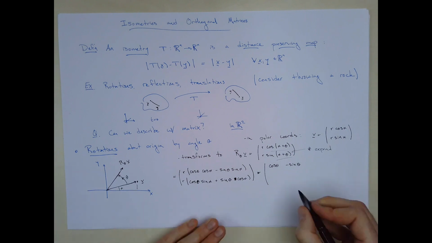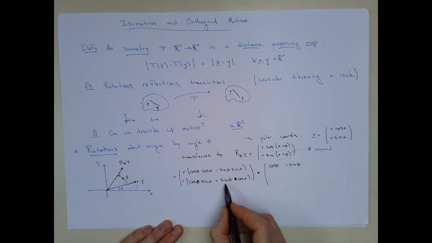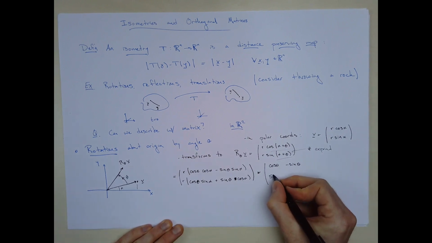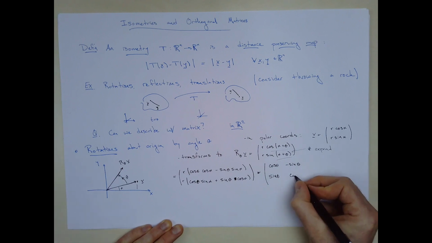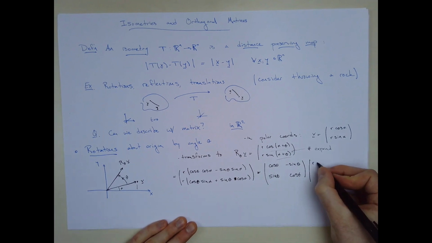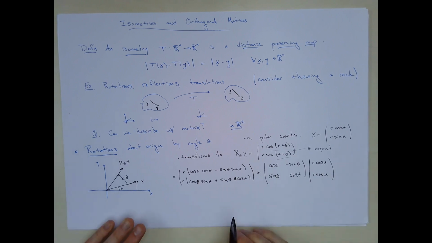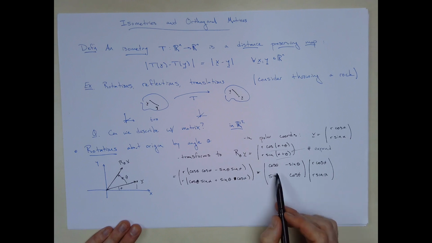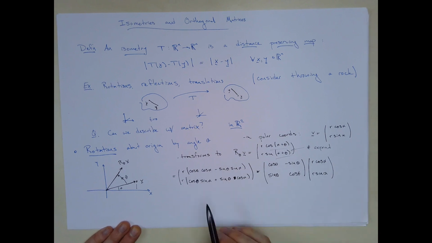But I want to extract the r cosine alpha, so I'm going to write this as sine theta and cosine theta times the vector r cosine alpha, r sine alpha. Okay, so you can verify going the other direction that this matrix times this vector is the vector here.